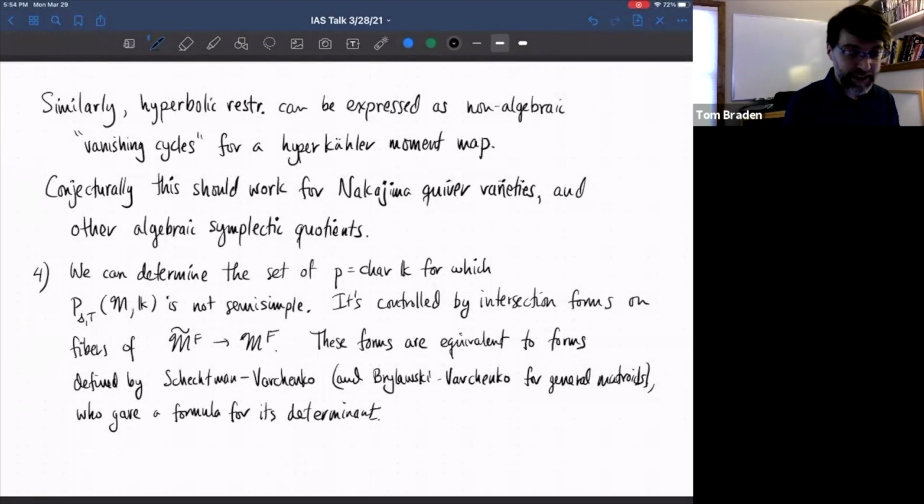And conjecturally, this should work for any algebraic symplectic quotient, or a large class anyway. This is something that I'm very interested in, but it turned out, at least with my skills, to be extremely difficult to prove. And I used some quite special things about hypertoric varieties and really gory computations in coordinates to make the things match up.